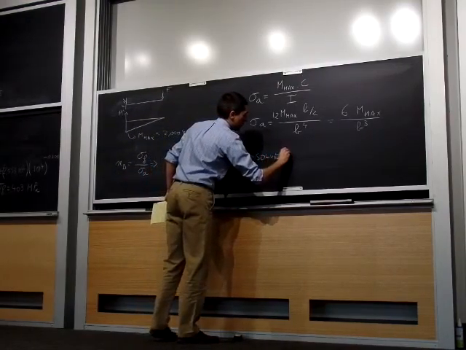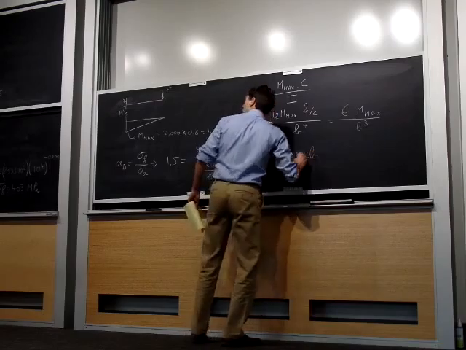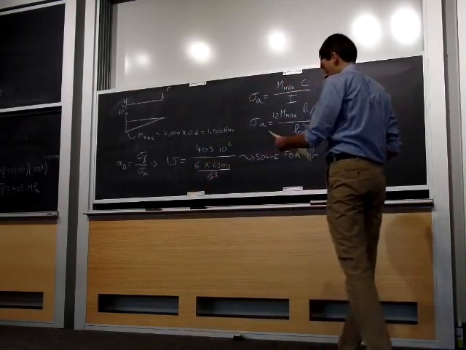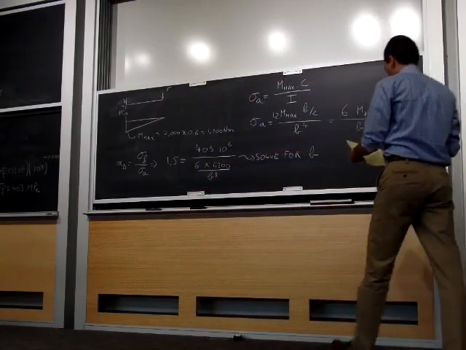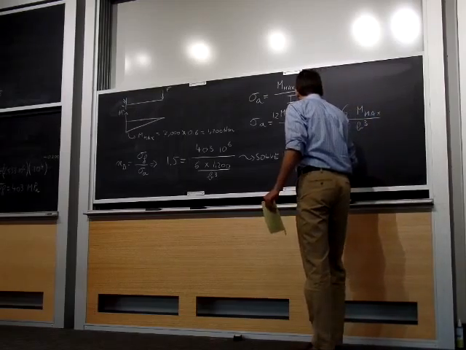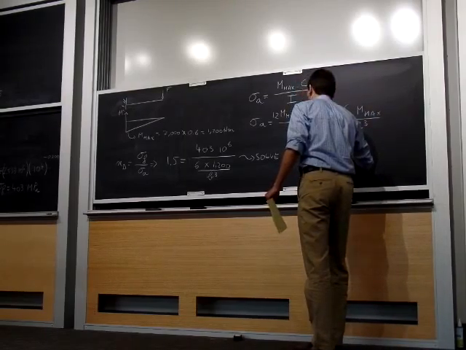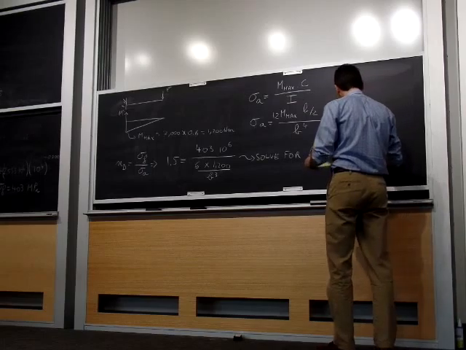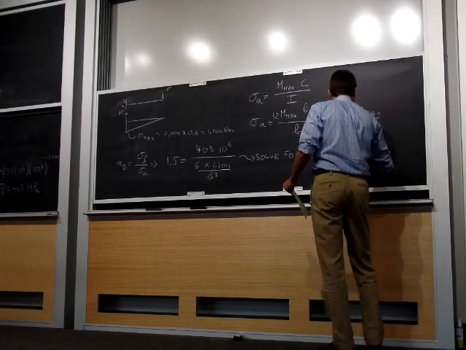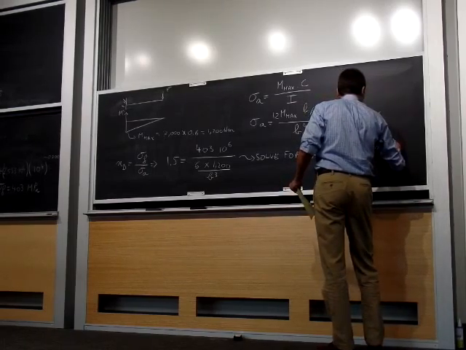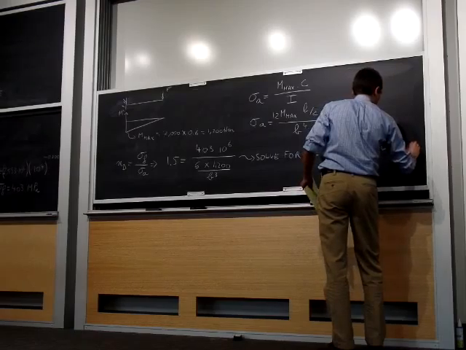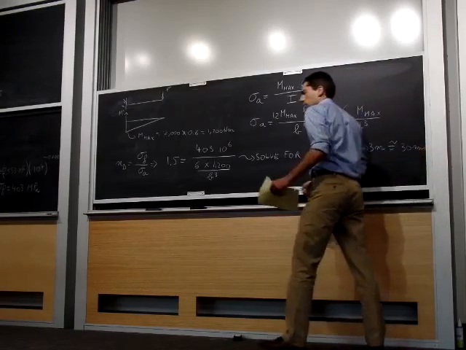And we can solve for b. If you solve for b, then you find that b is equal to 0.03 meters, which is 30 millimeters.